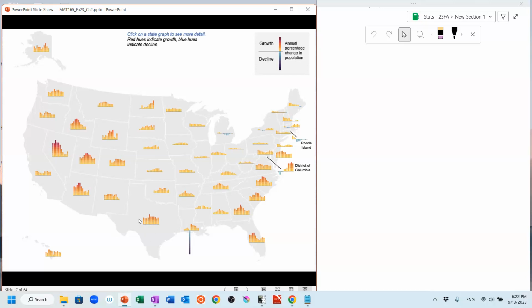We see the same thing with Texas. Texas is famous these days for having a really booming economy and housing prices going crazy, all that kind of stuff. We see a couple of states like Michigan or Rhode Island, where they had several years of slight decrease in population. We'd generally expect a small increase in population over time. So that might be something interesting that we might want to look into.